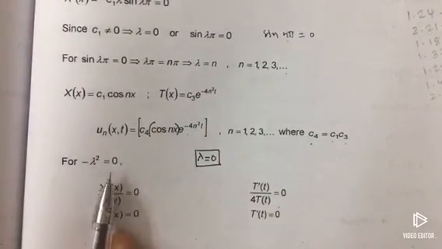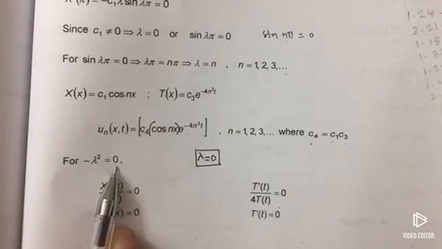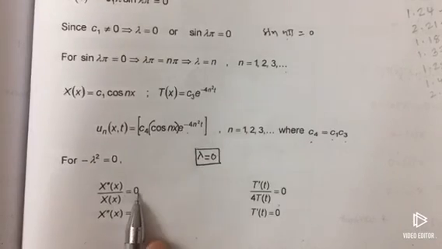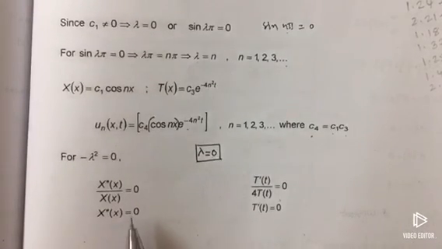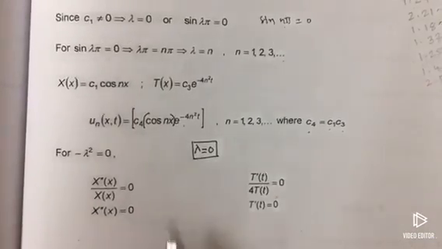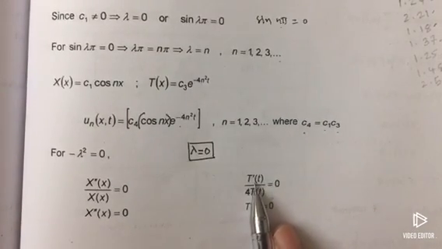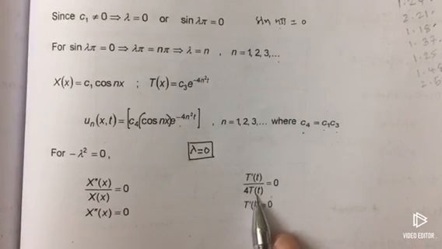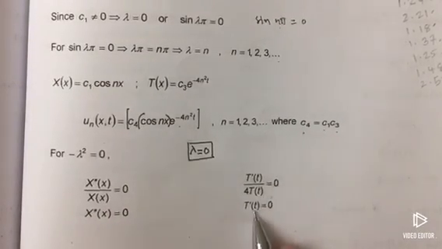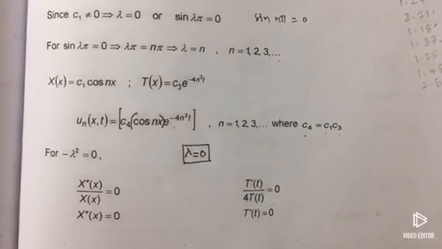If lambda squared equals 0, then X double prime over X is equal to 0, so we get X double prime equal to 0. The same equals T prime over 4T; multiplying by 4T and 0, we get T prime equal to 0.